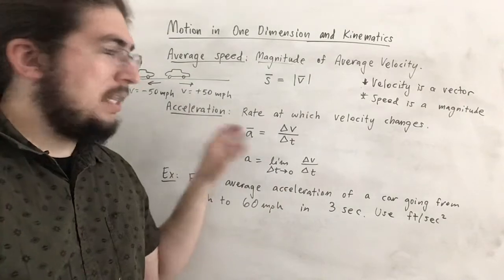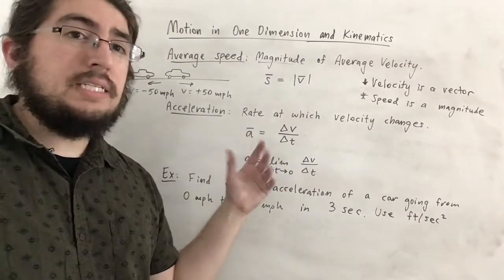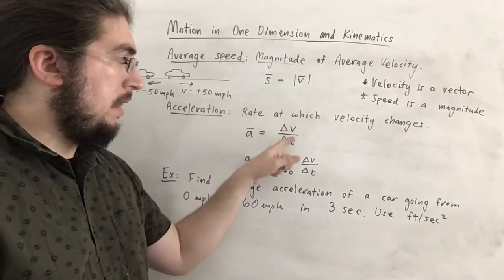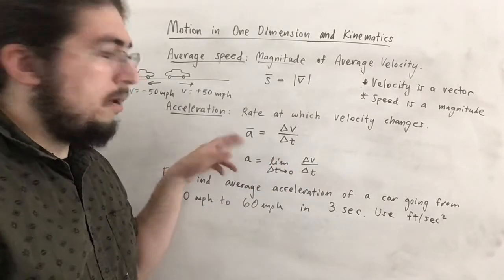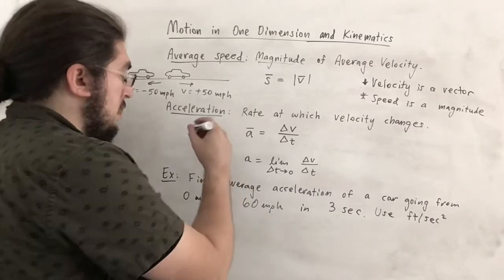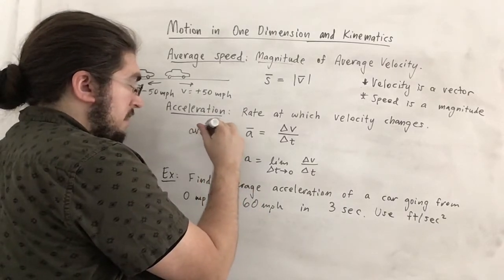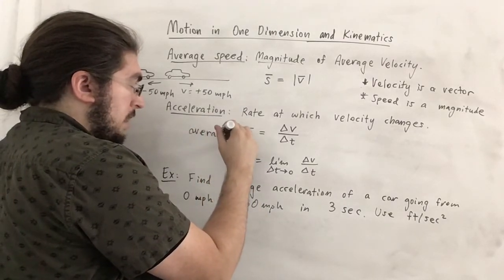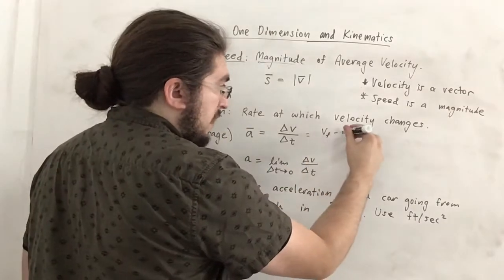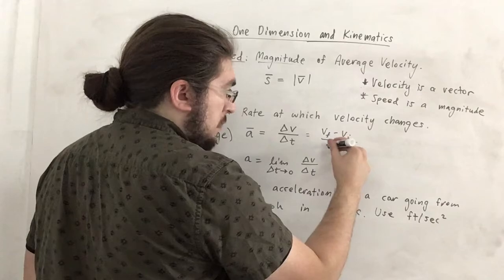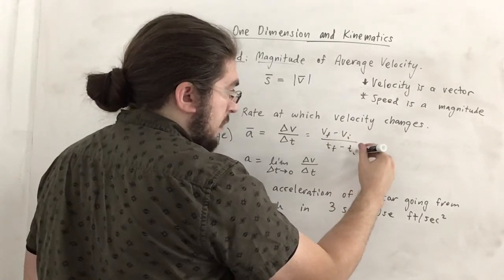So notice it's exactly our definition we had for velocity, but now instead of dividing x by t, we're dividing v by t. So a bar we'll use to be the average. So the average acceleration will just be the change in velocity, so vf minus vi, over the change in time, which is of course tf minus ti.